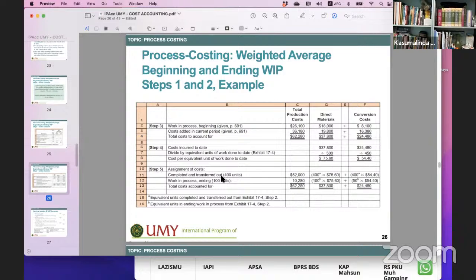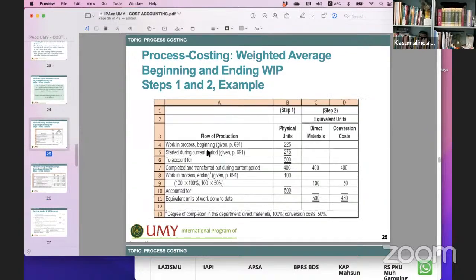Last step is to assign cost to completed units dengan ending work in process. Okay, so where the units are, we take it from the table that we calculate here kat sini. This part. This is the units that we need to refer to when we assign cost to completed unit 1 and to work in process, the ending work in process 2.